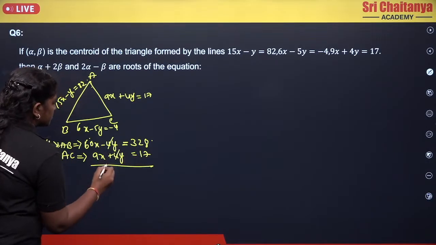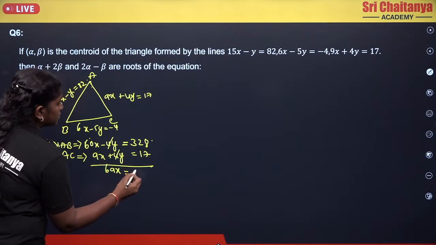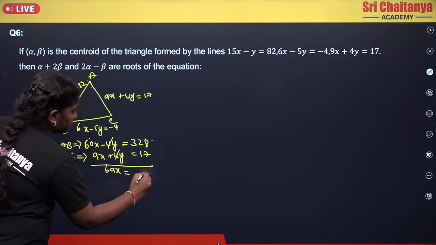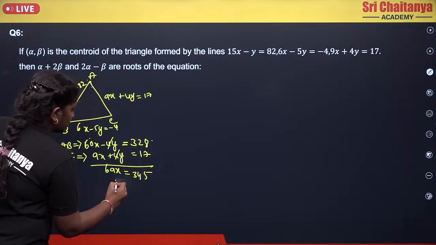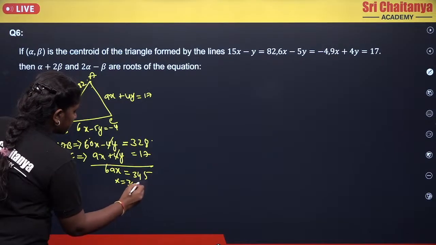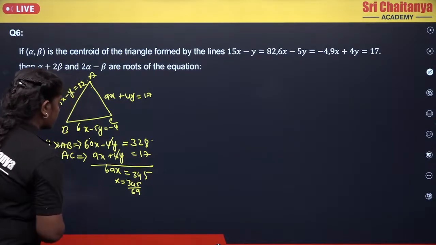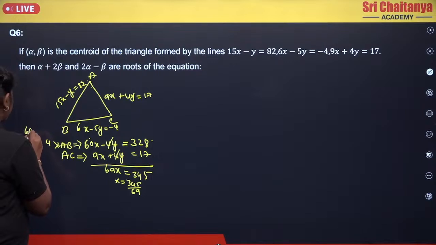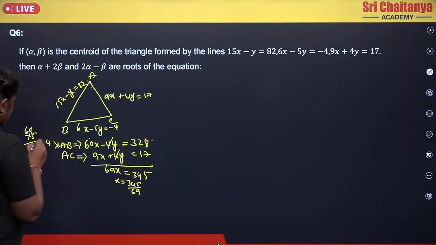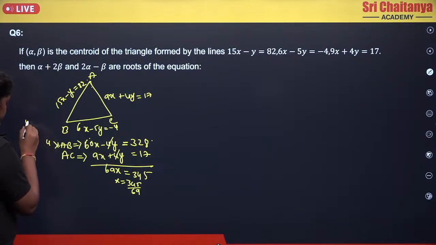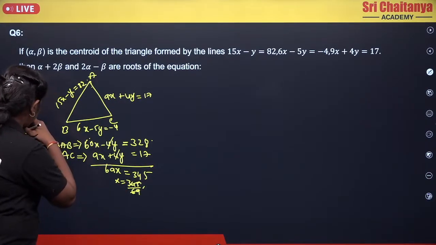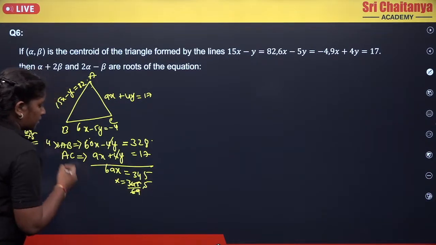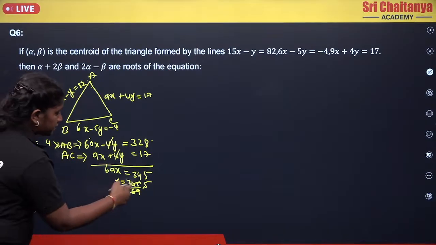Do the addition, so 69x equals 345. Now x equals 345 by 69. Now if you do 69, we'll cancel 345 for 5 times. Now x we got as 5.